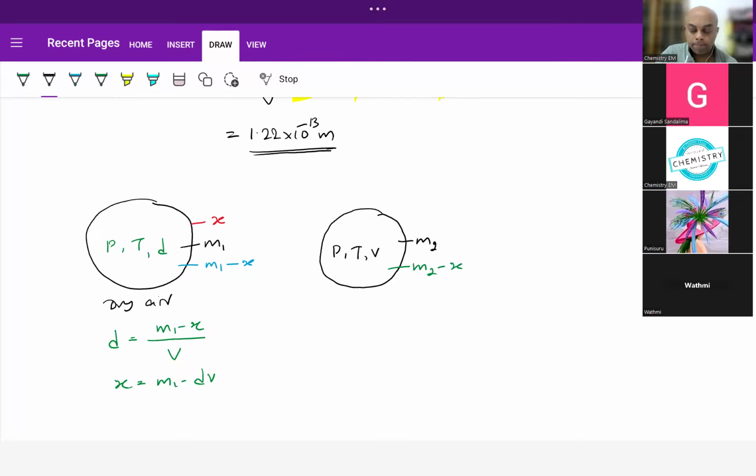Others are the same. I will apply PV equals nRT for this one.